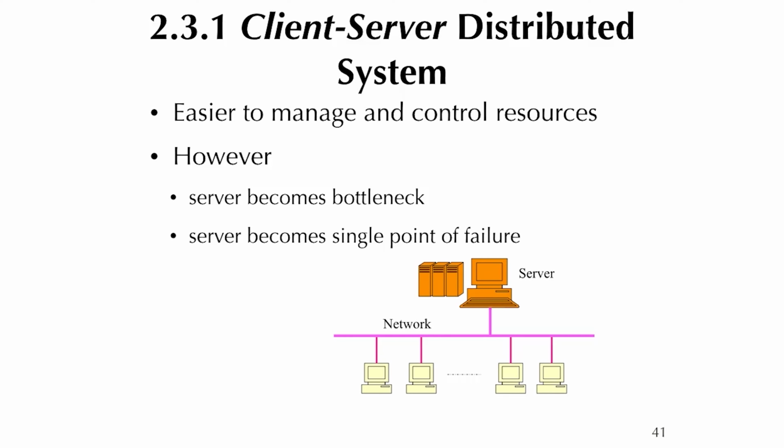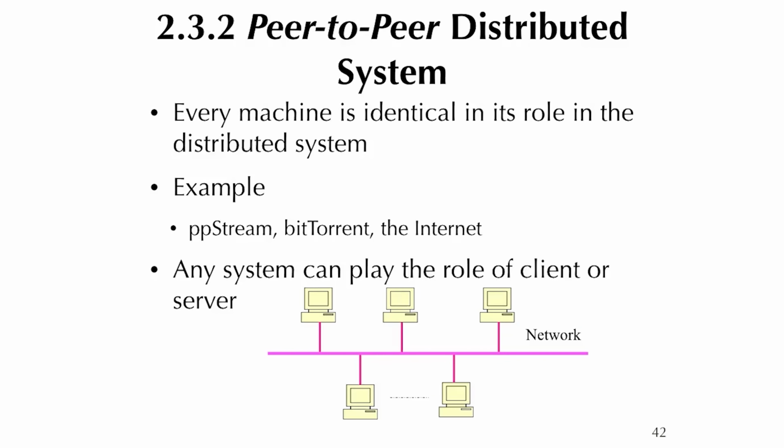But then the server can become a bottleneck, so they do all kinds of tricks at the network level to redirect traffic. Otherwise, if all you have is a single server, then that could be a single point of failure. But that's mostly solved. And a server usually has a bunch of these machines on this network to redirect its traffic.